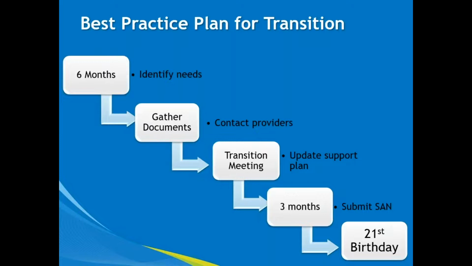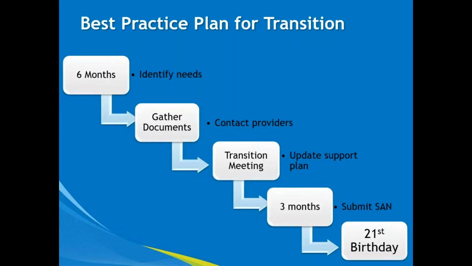So 6 months prior, you start planning, and 3 months prior, best practice recommendation is for you to update your support plan. Hopefully you are included in the transition meeting once you are aware that the client is going to be turning 21.